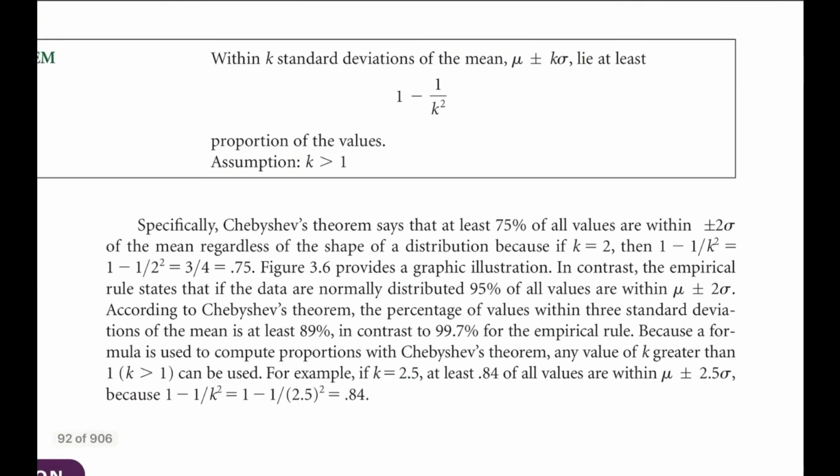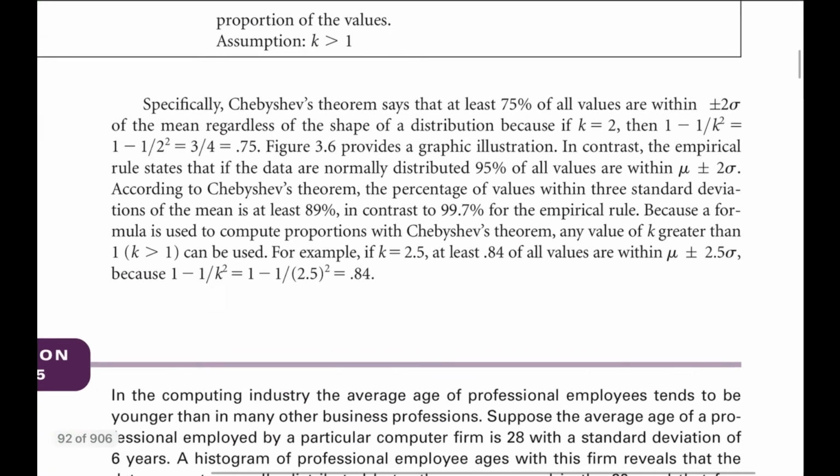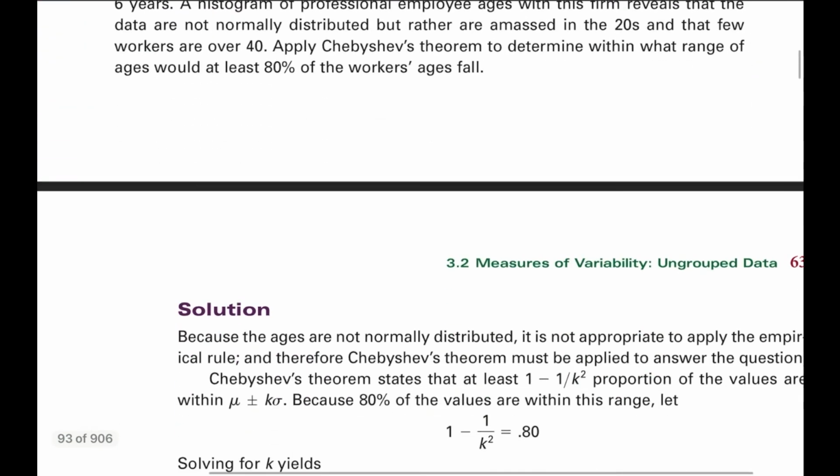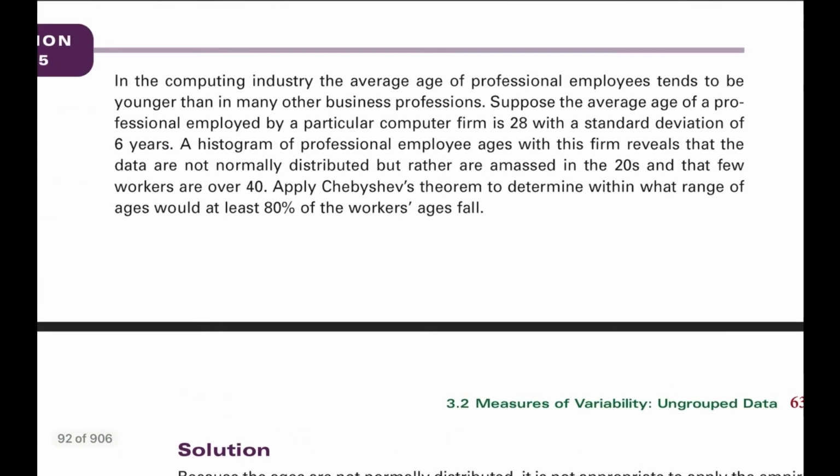Now we'll see one practical example. In the computing industry, the average age of professional employees tends to be younger than many other business professionals. Yeah, that's true. Suppose the average age of professionals employed by a particular computer firm is 28.